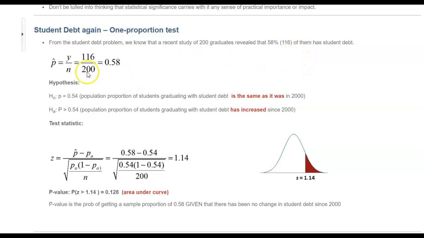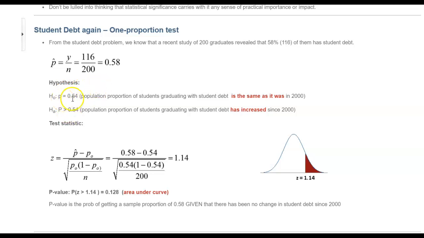So we did point estimation, 0.58, and our national proportion is 0.54. We want to see if this 0.58 indicates an increase over the 0.54. Because we want to see if it has increased, we choose the hypotheses.